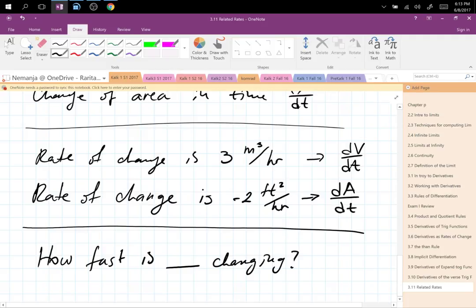You see, when you say how fast, that means, again, in time. How fast? How fast happens in time? Are you fast? You're slow, medium, right? So how fast is area changing in time? That is immediately translated as dA dt equals question mark. How is the area changing in time?